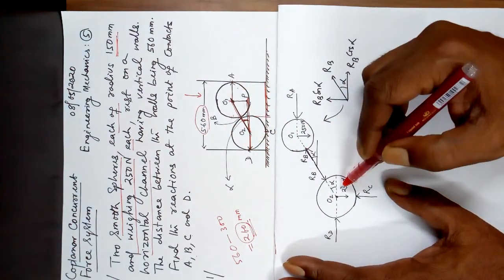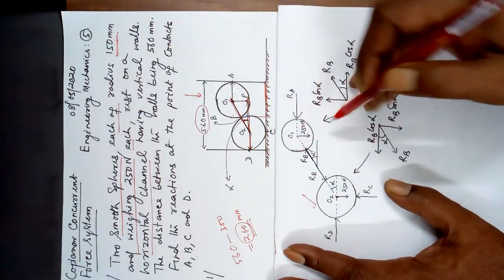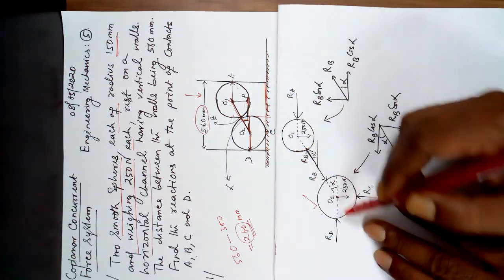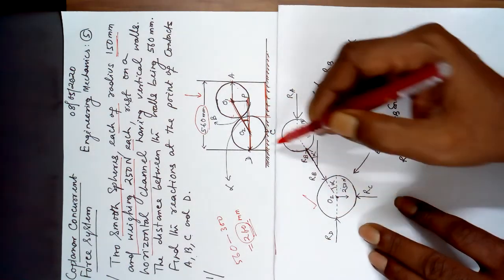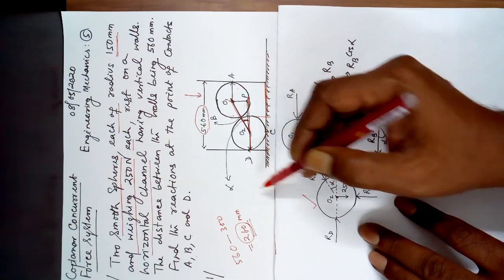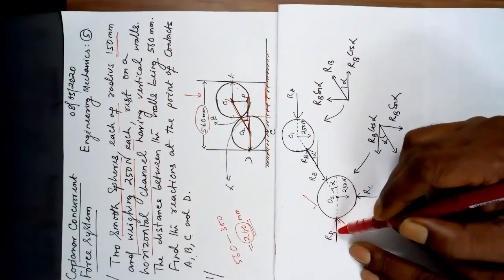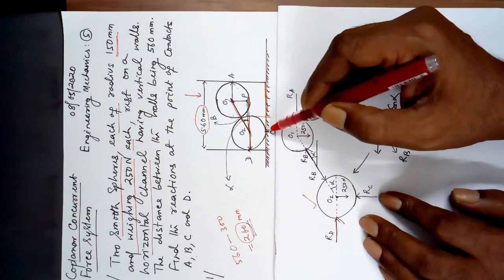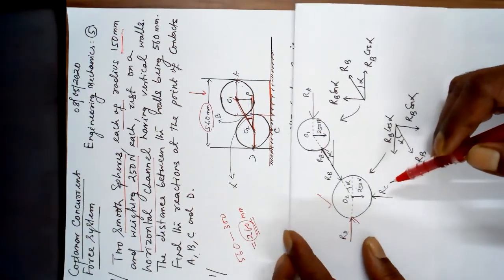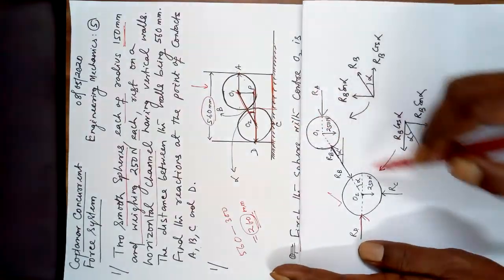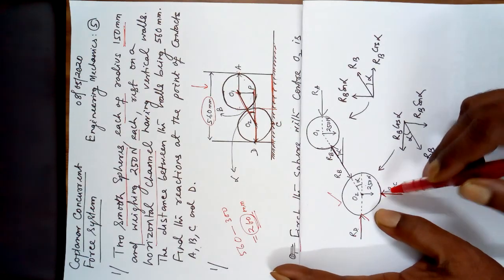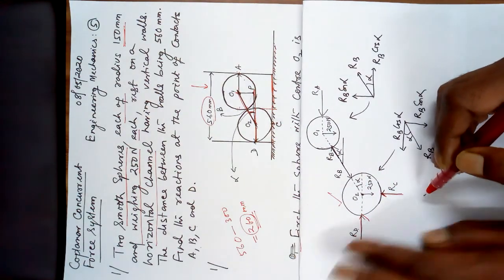Now this is your O2, this is your O1. At point D, the action force is to this side. So this wall applies a reaction force, the reaction at D. At the point of contact from the horizontal channel, this is the reaction force because of the action force downward.